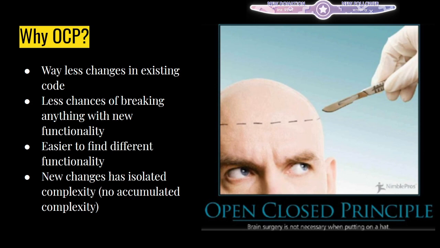So by adding new changes, we will not be increasing our complexity that much. And an excellent picture says that if we simply want to put on a hat, we definitely do not need to perform brain surgery on our head.